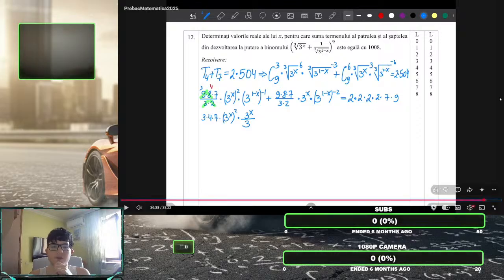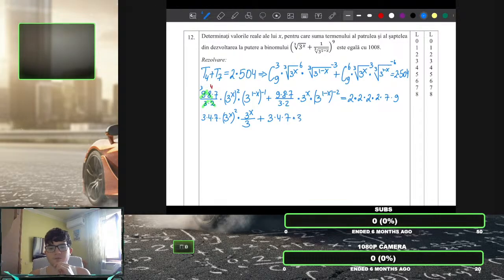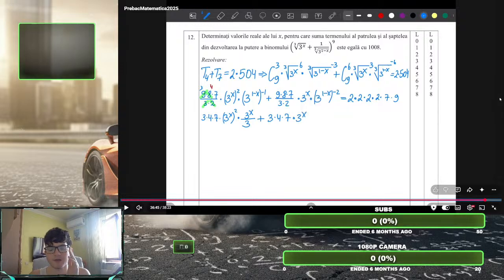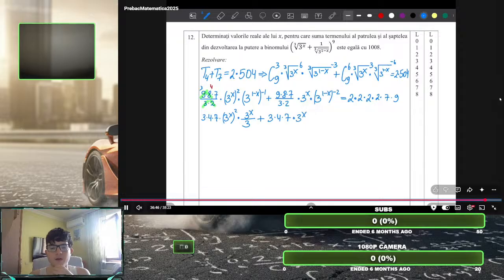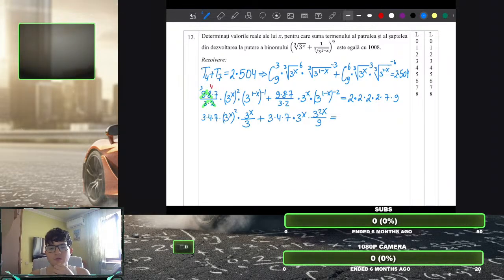And the next thing is also plus 3 times 4 times 7. 3 to the power of x right there. And right there, perhaps it's gonna be 3 to the power of x divided by 9 or what? 2x divided by 9. And all of that's 4. And 4 again, and 7 and 9. Yeah, I needed that. This simplified.